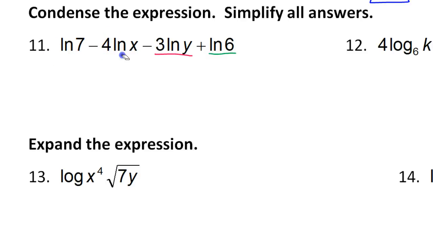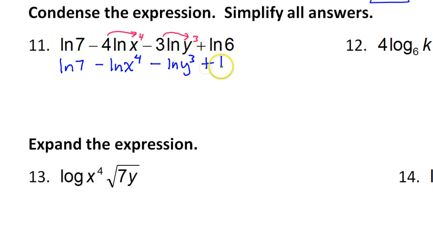So really, before I do this part, this 4 is going to come over here and become 4th power. This 3 is going to come over and become 3rd power. So I'm going to have natural log 7 minus natural log x to the 4th minus natural log y to the 3rd plus natural log 6.